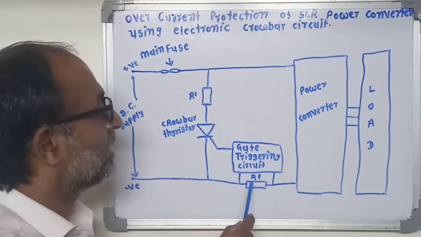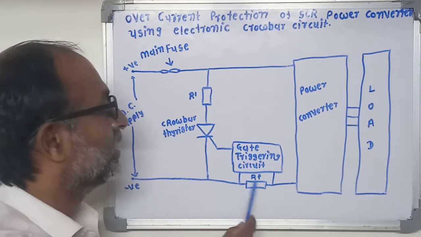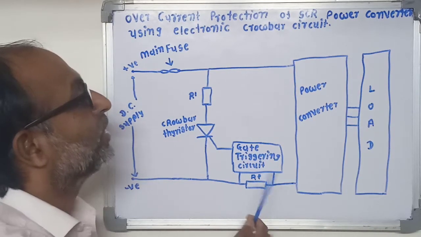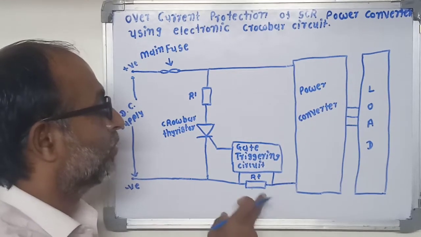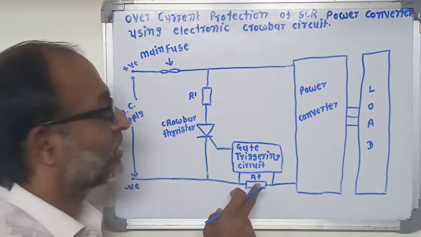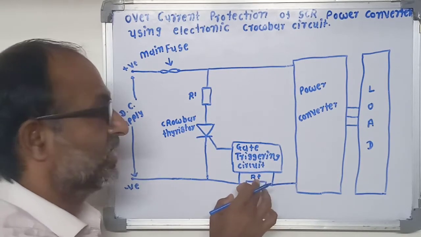A current sensing resistance R2 is connected in the DC line, which detects the current drawn by the power converter. Now, when current passes through this resistance, some voltage drop occurs across it.